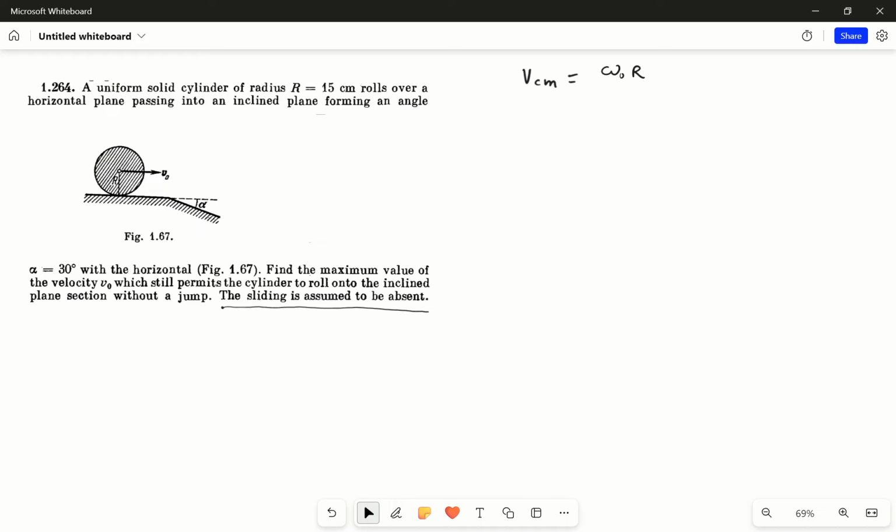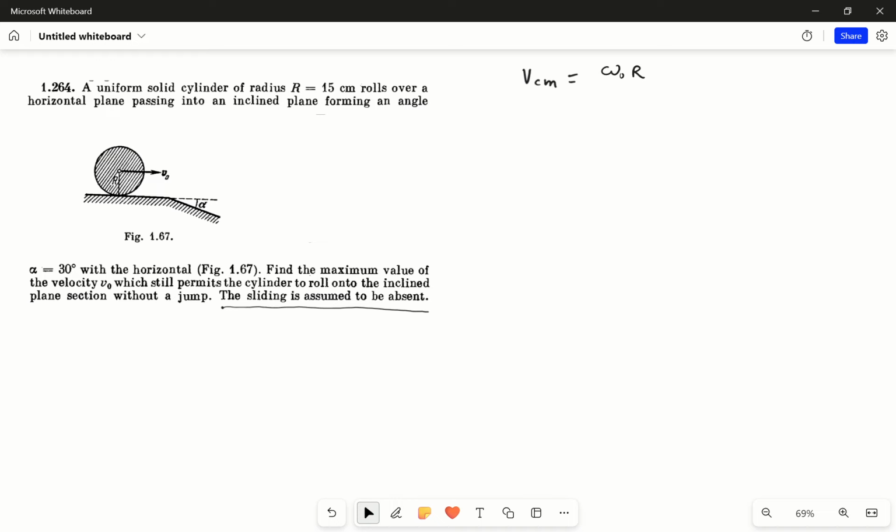So let's think about that. When will the condition arrive that it will be jumping off the horizontal surface? When it will be jumping, that means it will leave touch from the ground. That means that the normal would be zero, right?